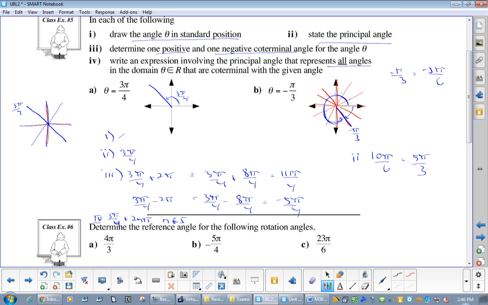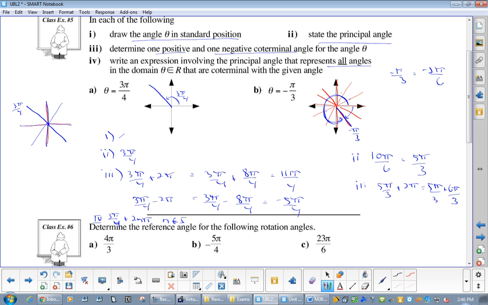Okay, how do you find a positive coterminal? Well, go 5 pi over 3 plus 2 pi. Now, that's got to be a common denominator. So what would be 2 pi over a common denominator of 3? 6 pi over 3, right? Still is 2 pi, but now 5 plus 6.